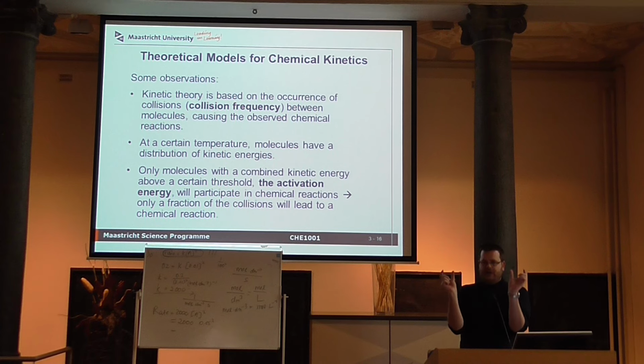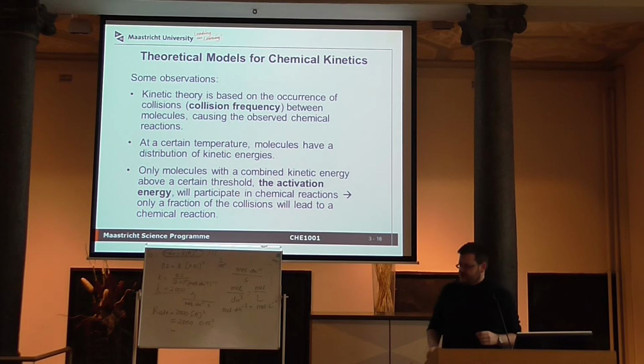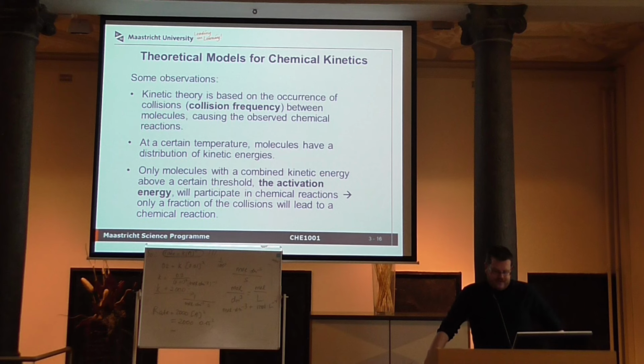For example, if you've got two linear molecules and they bounce off each other, no reaction takes place, and it only takes place if they, let's say, bounce off each other in an orthogonal way, depending on the situation. That's basically what this all boils down to, the probability of the right collision taking place.